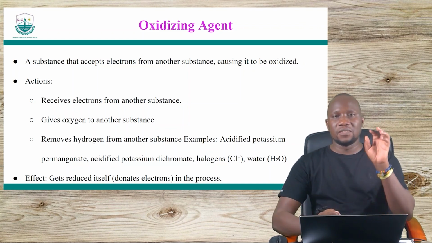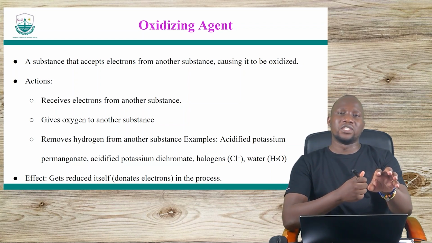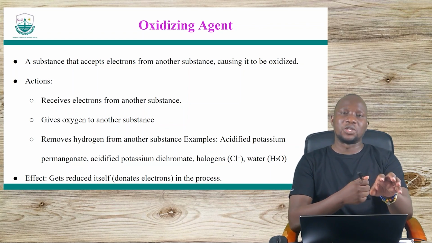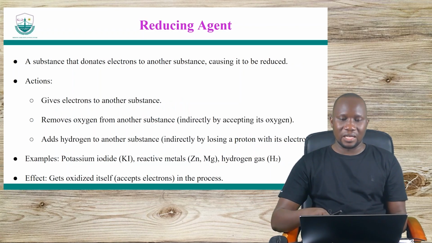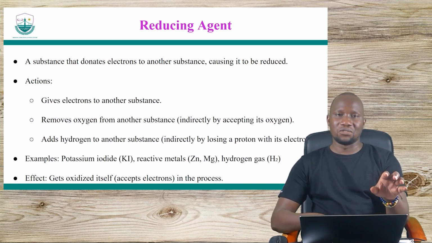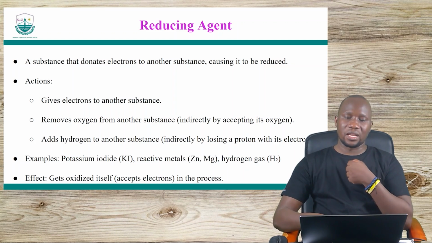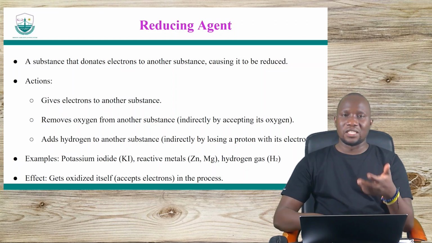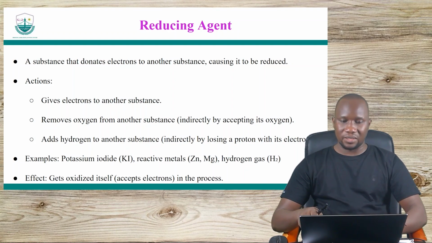An oxidizing agent gives the oxygen, right? So when it gives the oxygen, it loses the oxygen, and losing the oxygen is reduction. So you give, but you become reduced. Okay? And then the same thing also happens this side. The reducing agent reduces by giving hydrogen, for example, but it also becomes oxidized. Okay? Whether it is in terms of electrons, hydrogen, or oxygen, that is basically what happens.